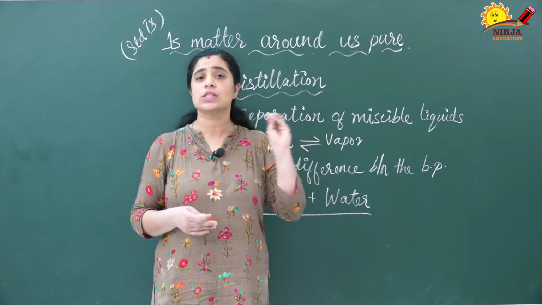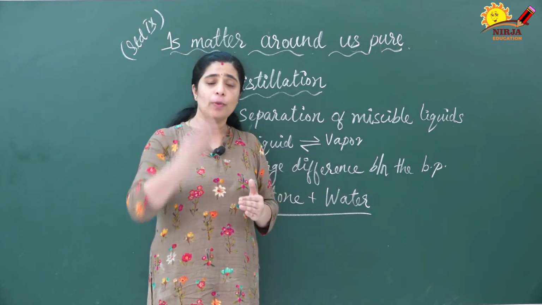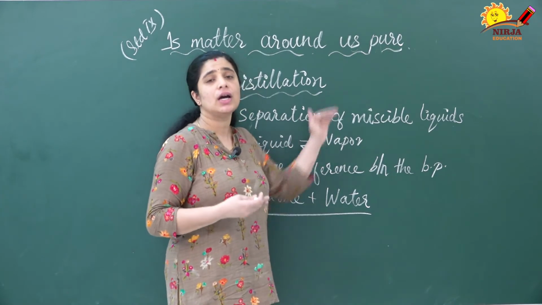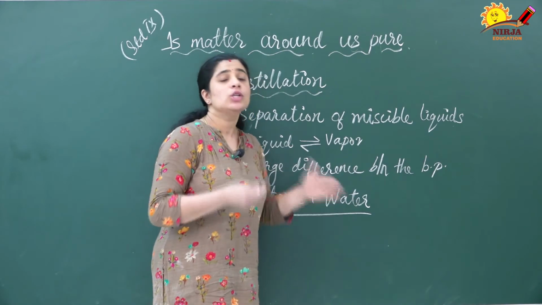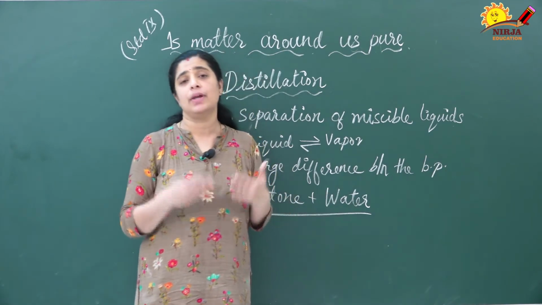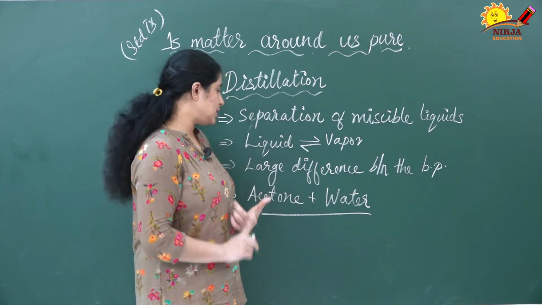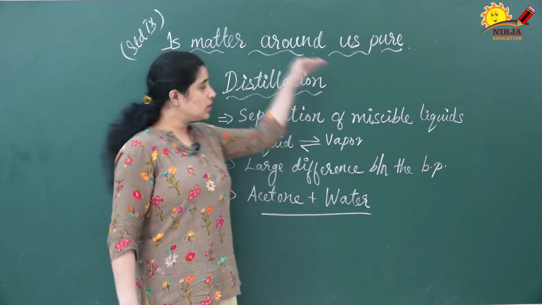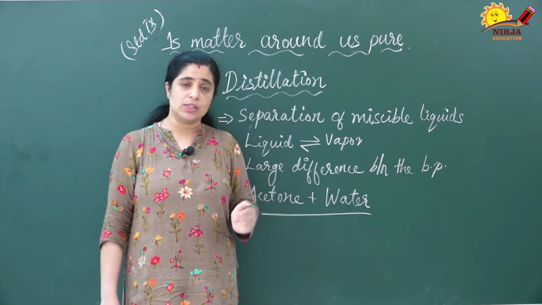Once the evaporation of the acetone is completed, the leftover solution in the distillation flask will be water only. So in this way you can separate water and acetone. But one point you should keep in mind, that there should be a large difference in the boiling points. So this method is used to separate two miscible liquids.